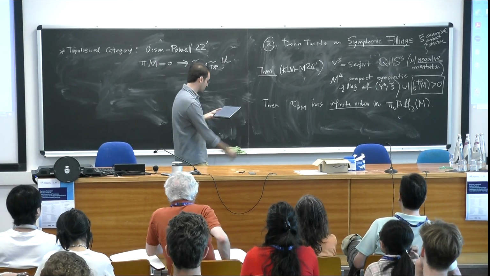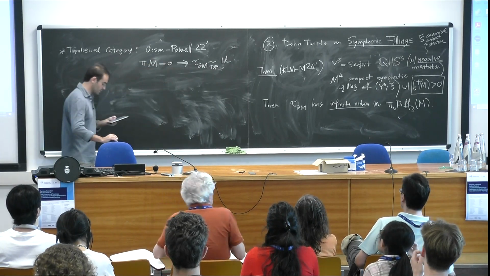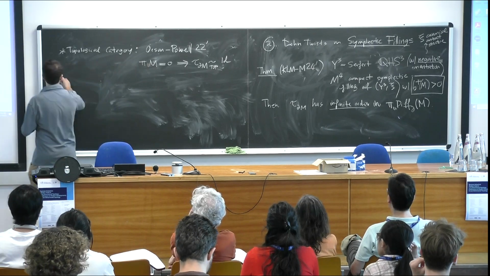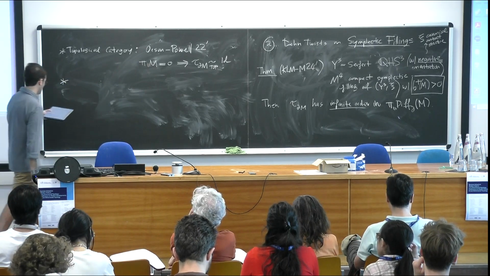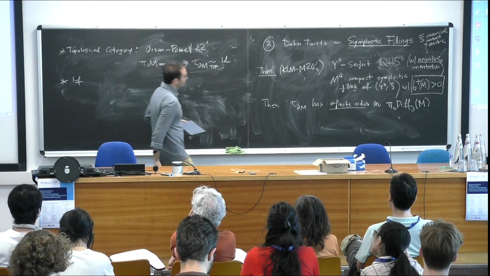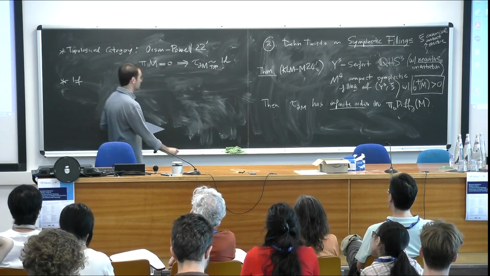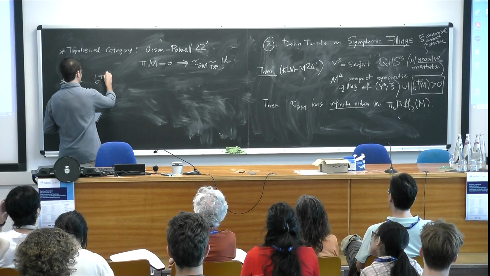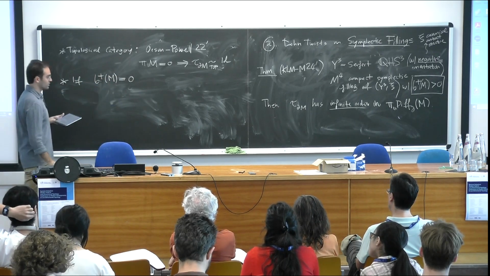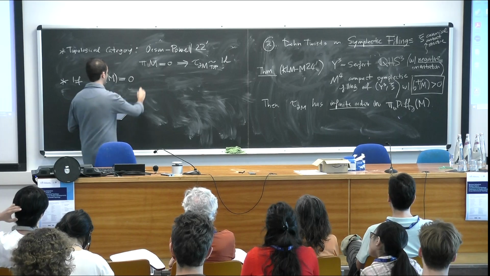So this gives examples of exotic diffeomorphisms. And a few more comments: the assumptions of the theorem are quite crucial. For instance, if b+ of M is taken to be 0, then the conclusion breaks down.